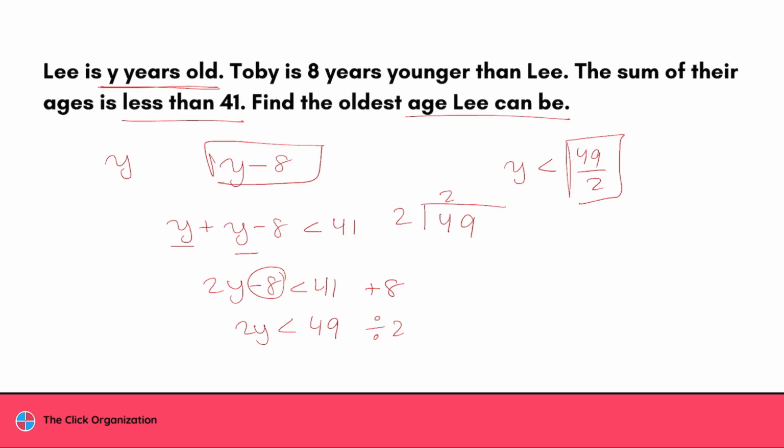So y has to be less than 24.5. Now the oldest age Lee can be has to be less than 24.5, and the only slightly lesser integer value of 24.5 is 24. Hence, the oldest age Lee can be is the age of 24.